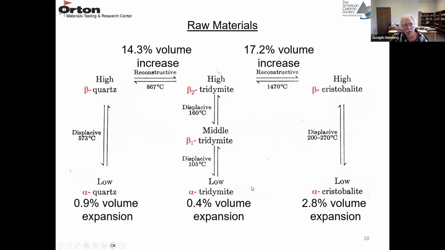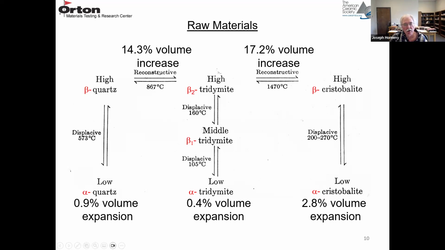So the ideal microstructure for a silica refractory: you start out with quartz, you convert it all to tridymite, which has the lowest volume expansion for the displacive transformation. In reality, you end up with both tridymite and cristobalite, but you want to remove all the quartz.